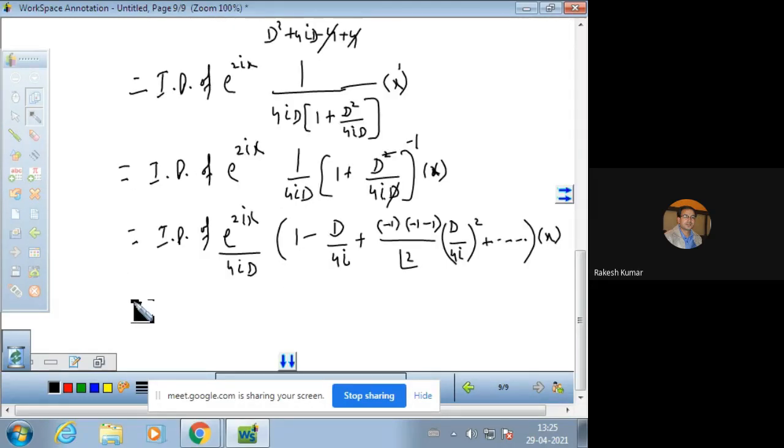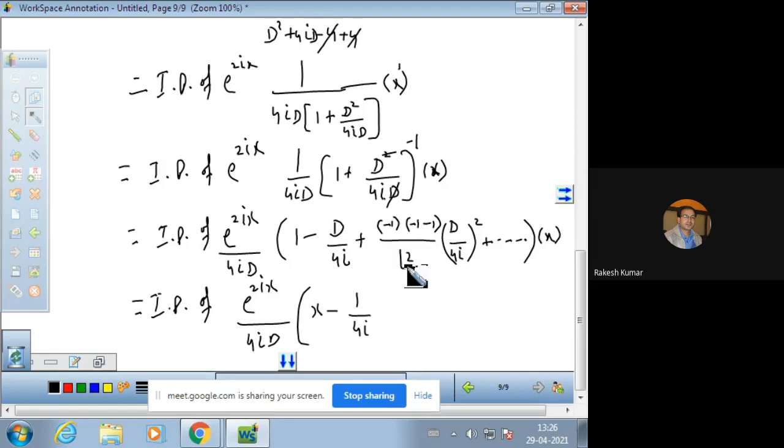Now you know that this has been told to you in the previous class that if we have d in the numerator, then that will operate as a differential or derivative of this polynomial term. और अगर यही d denominator में होता तो फिर इसका इंटीग्रेट करना. Now x into 1 is x. Now d of x means derivative of x, that is 1 upon 4 iota, and the next term is that is 2.